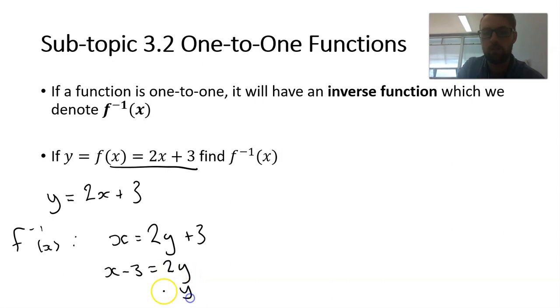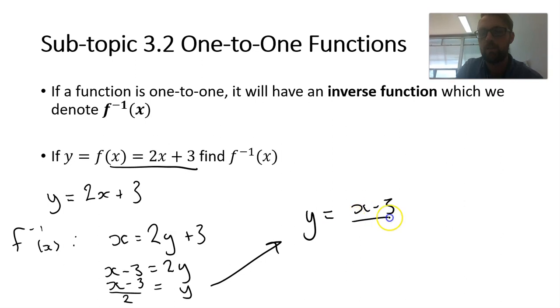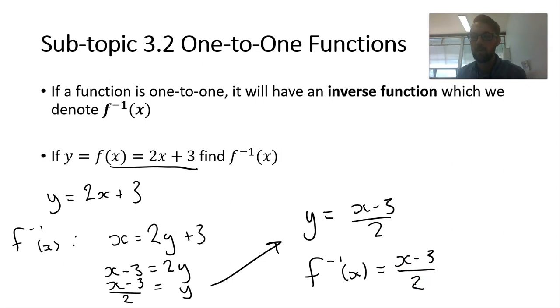I'm going to get y equals, so divide both sides by 2. All right. So therefore I could write this function as x minus 3 over 2. Okay, and that's equal to my inverse function. So that's what we do. We swap the x and the y's, and we just rearrange.